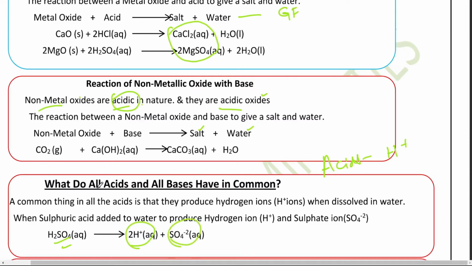This is a very, very important part, and it is going to continue in your chemistry chapters. Whenever an acid comes in contact with water, it always produces H plus ions, and this is the most common factor in all the acids.